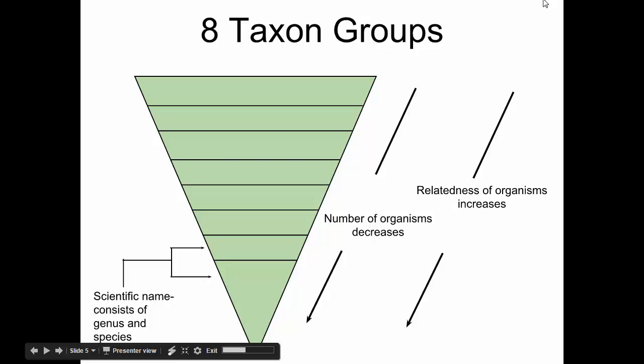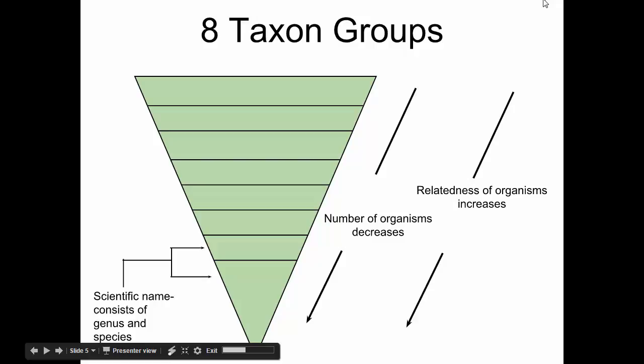When we classify species and organisms, we have a whole system of classification that starts with very, very broad, very general groupings, and as we go down the taxa, they get more and more specific. And you'll understand what this means in a minute.